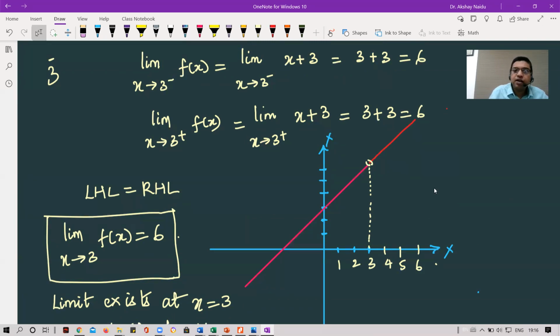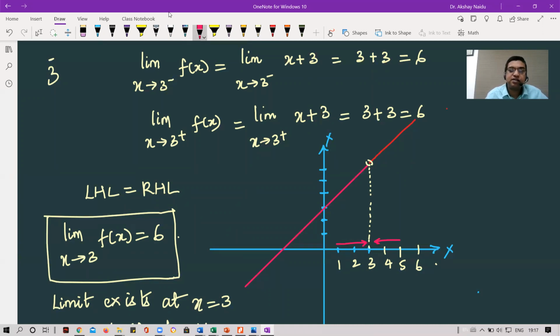So here we are approaching 3 from the left, but we are not taking the value x equal to 3. We are approaching from the right. We are approaching 3, but not taking the value equal to 3. So even though at 3 the function is not defined, limit can exist.